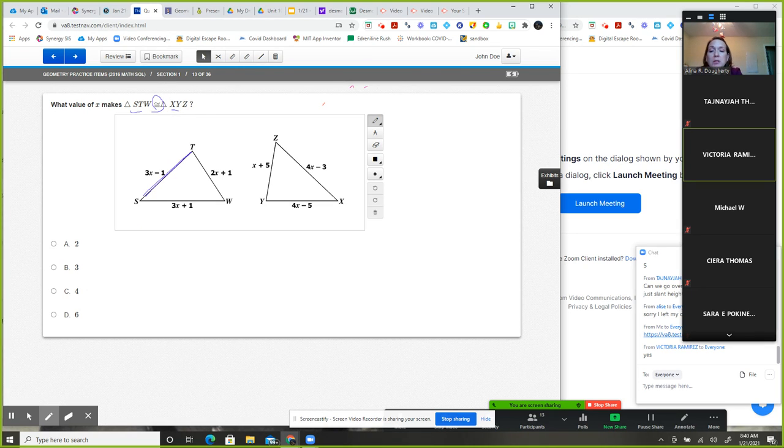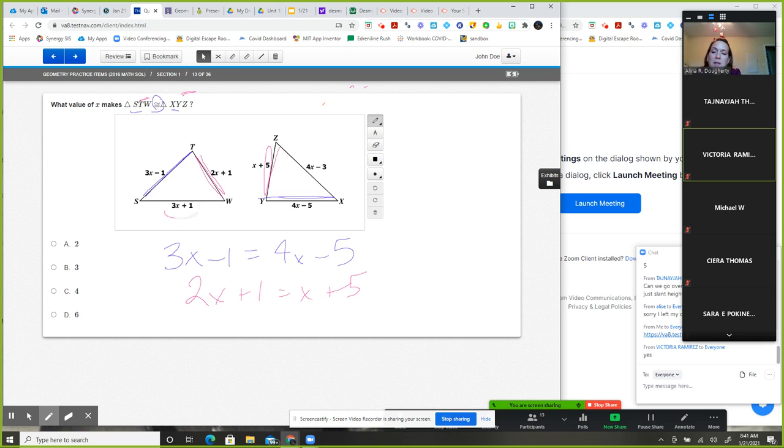XY. Absolutely, XY. So one equation I could write is 3x minus 1 equals 4x minus 5. What's another equation I could write? What does TW go with? YZ. Absolutely, YZ. So I could do 2x plus 1 equals x plus 5.